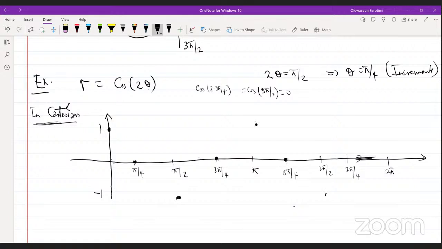So here, this is going to be -1. This guy is going to be 0. And then finally, we're going back to 1. Cosine of 4 pi is 1. So apparently, we're having a situation like this. So you join these guys together.